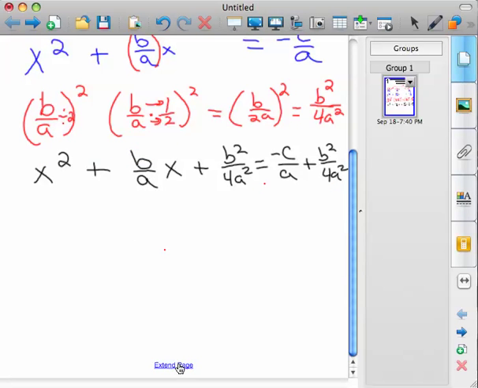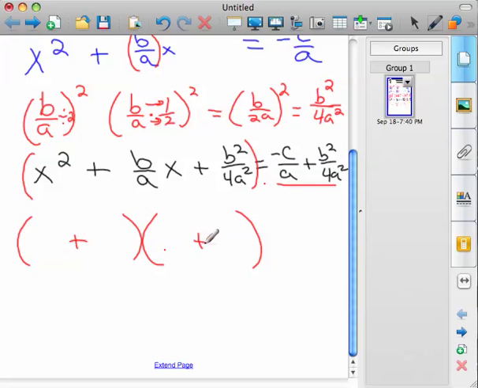Now we factor on the left and we simplify on the right. Factoring on the left, you have x plus b over 2a, x plus b over 2a, since b squared over 4a squared simplifies to b over 2a and b over 2a.